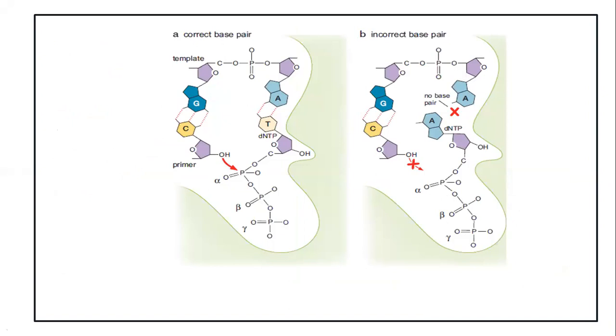If a wrong base comes in, with the 3' OH group and the 5' phosphate group here, the incorrect base has no interaction with the alpha phosphate. So DNA polymerase is also able to discriminate between correct bases and incorrect base pairing.